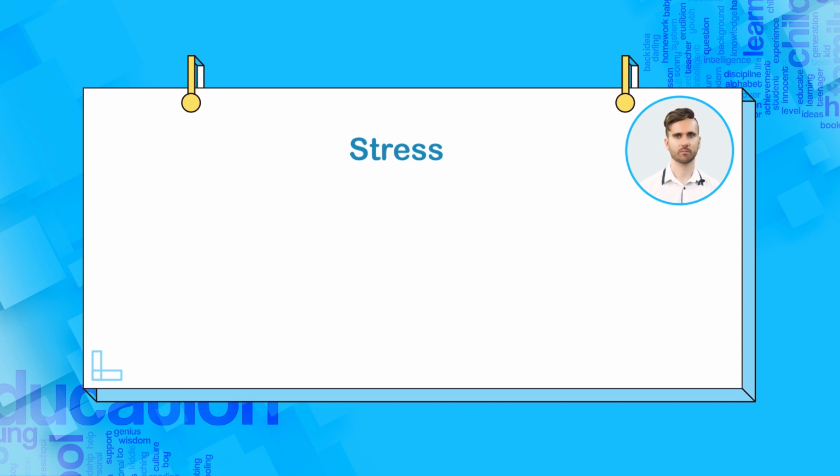For example, in banana, the second syllable is louder, higher, and longer. In contrast, the first and third syllables are quieter, lower, and shorter.